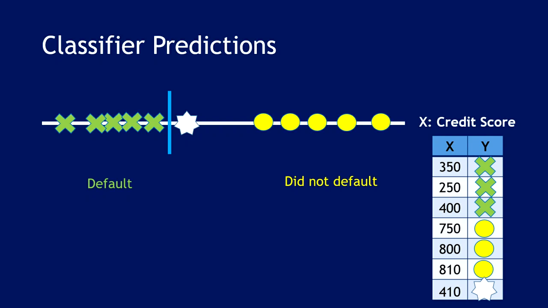So the blue line, which is our prediction model, will actually predict this customer to be a yellow dot because it's on the right-hand side. However, because it's closer to the green crosses, it's probably not going to be a good customer. This is probably going to be a customer that's going to default. So this is going to be most likely a misclassification, okay, a prediction error.